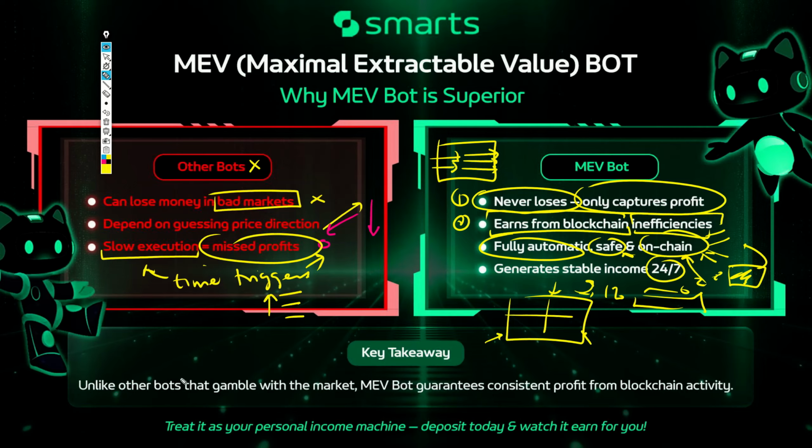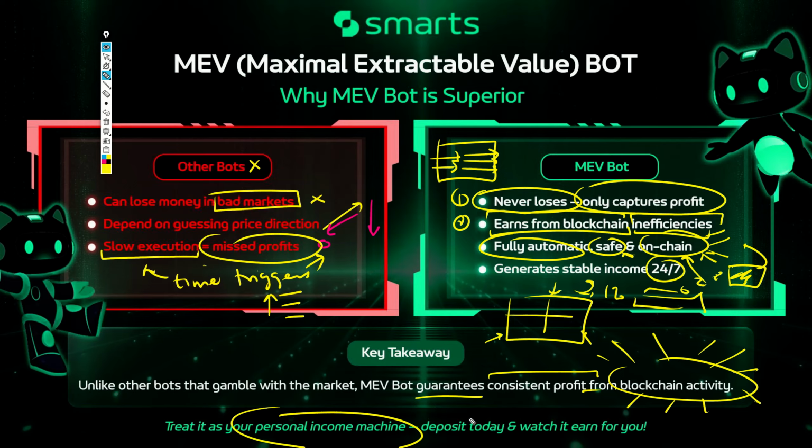Key takeaway: unlike other bots, they are gambling with the markets, but MEV Bot says we guarantee consistent profits from blockchain activity. Blockchain activity will be there forever. The whole world is going blockchain. It is here now, so we stand a chance to earn more. So treat this as a personal income machine. Deposit today and watch it earn for you.